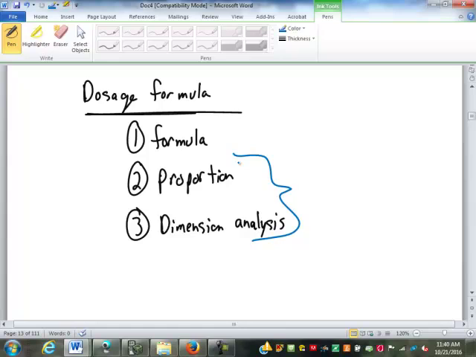Dimensional analysis is stronger for almost all other situations, and often we use both in the same problem. As I had mentioned, the formula is good if you just want to memorize and crank stuff through, but there are going to be a lot of situations where it gets really clumsy.